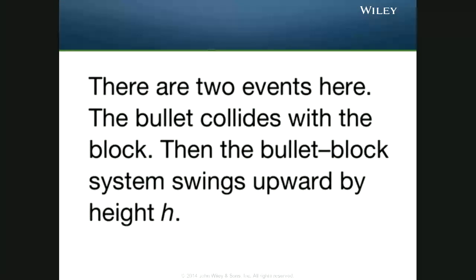So here we have the bullet colliding with the block. That's one event. This is a collision. And then we have the block. Hold on. I keep drawing that wrong.